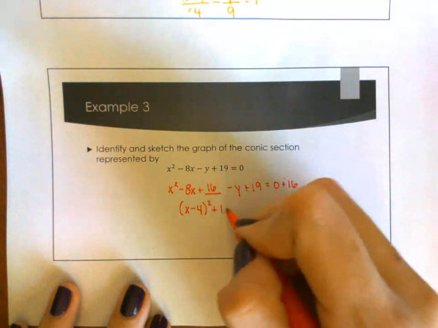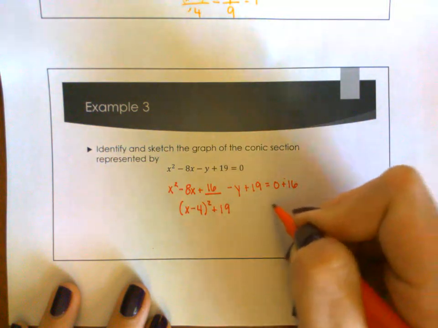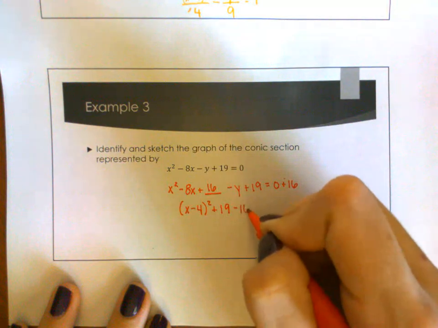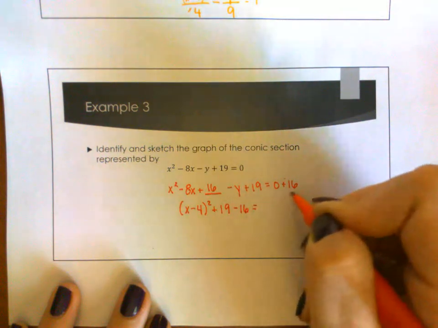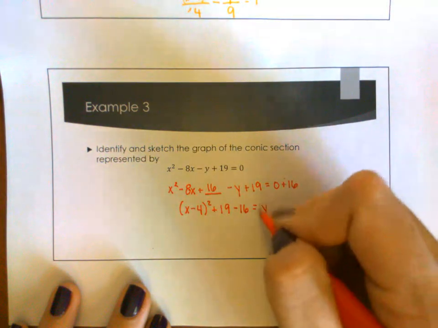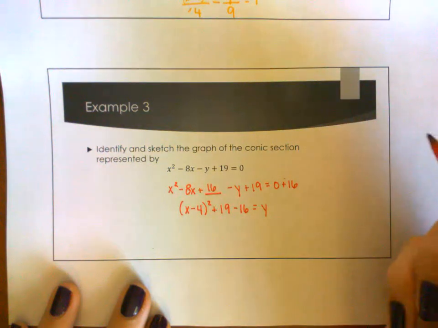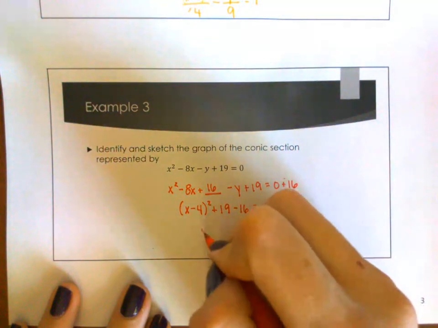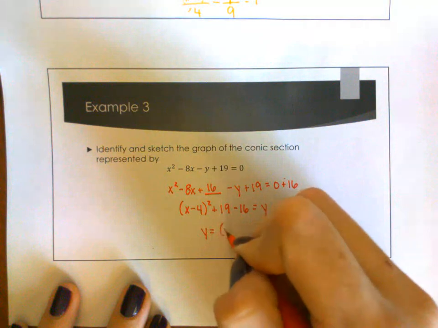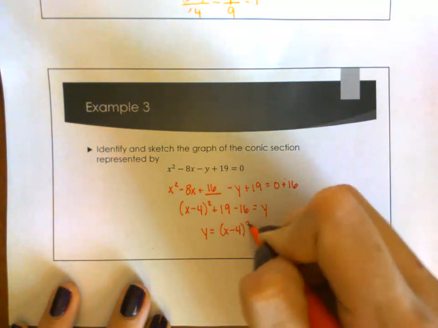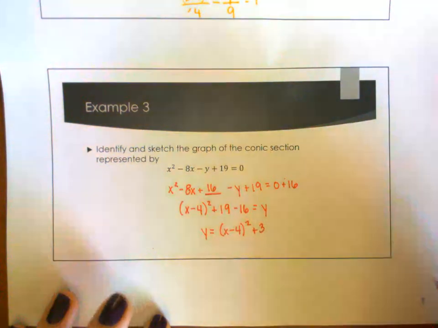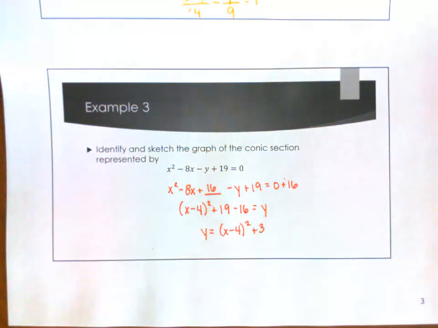But then I'm going to keep the plus 19 here. I'm going to bring this 16 over. And I'm going to bring this y over because we want to have the variable that is not squared by itself. So if I rewrite this, I get y equals x minus 4 squared plus 3. And that is something that we actually have graphed before.